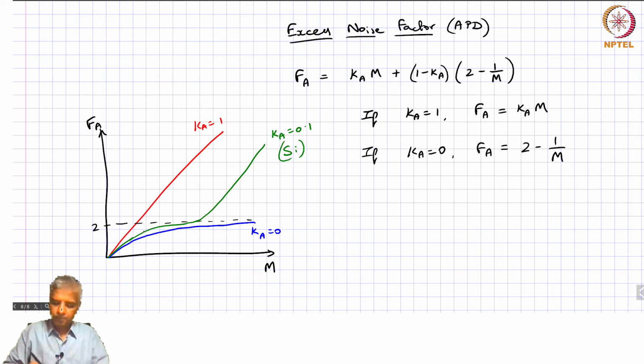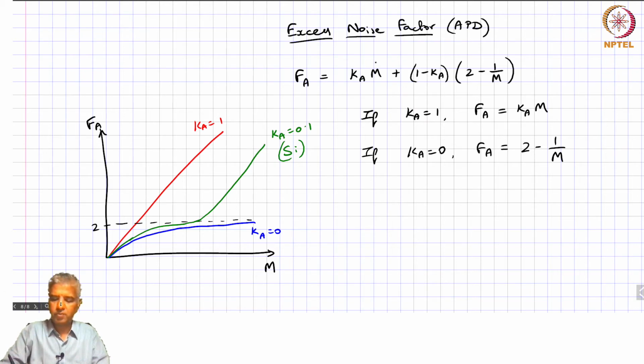Okay. So, what it says is that it behaves like an ideal K equal to 0 type of thing for low values of m. So, that is very good, but beyond a certain point, as you increase m, you are starting to also scale up in Fa.